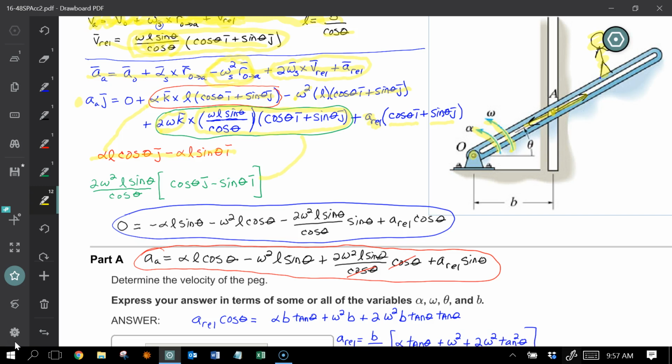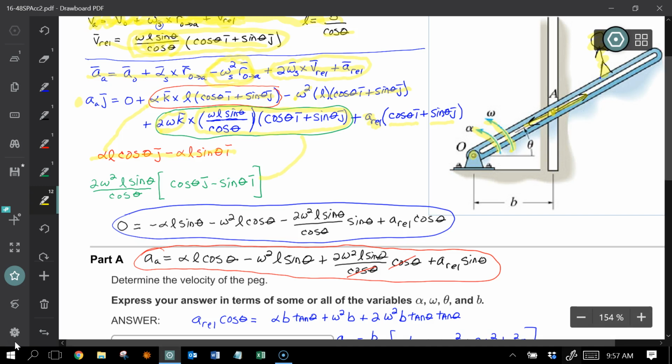Now what I'm going to do is gather up the I values. So on the left-hand side, I have no I, and that equals, and I'm going to pull off all the I terms. Okay, so I've got some in this red cross product, which is this much right here. So that becomes right there.